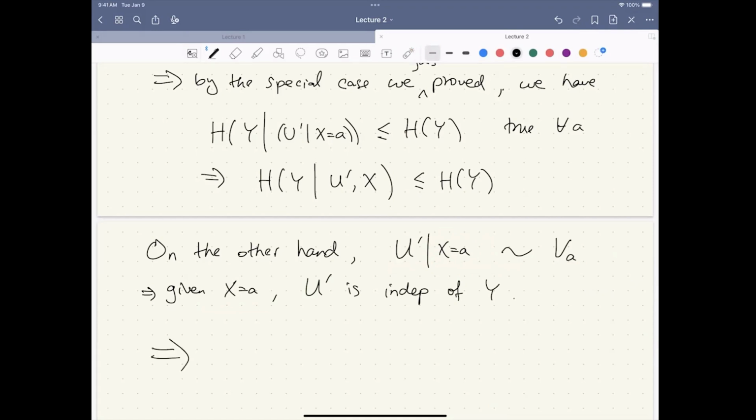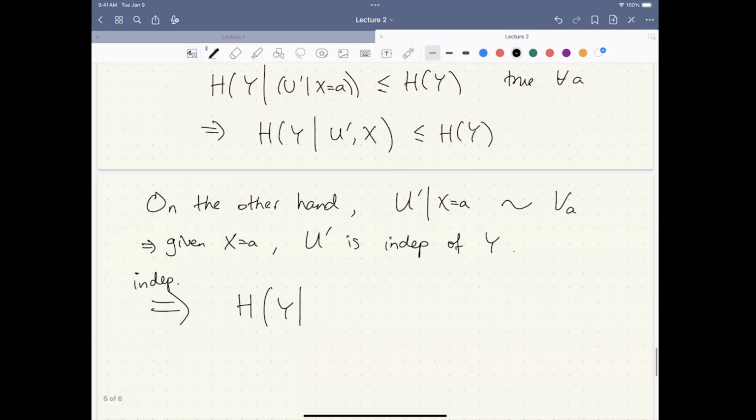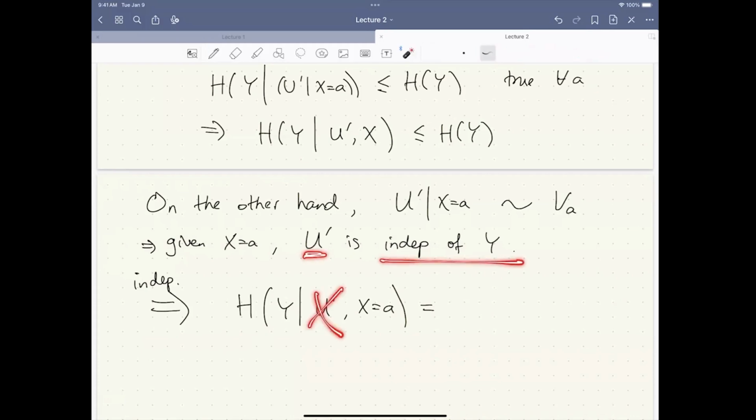By independence, what this implies is that the conditional entropy of y, conditioning on u prime and conditioning on x equal to a, equals, since u prime is independent of y, we can drop this guy and equality holds.